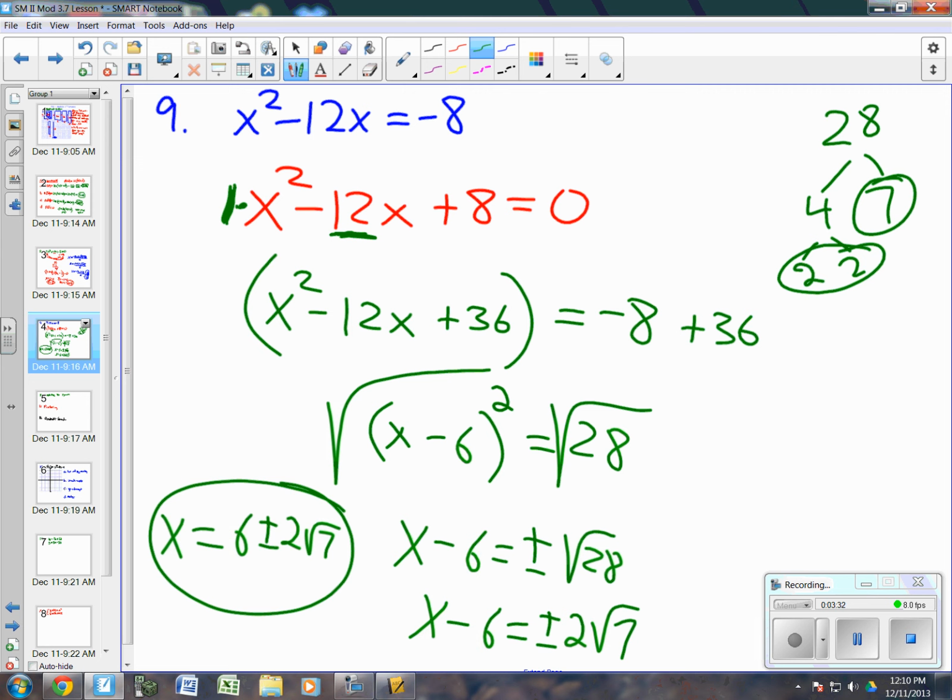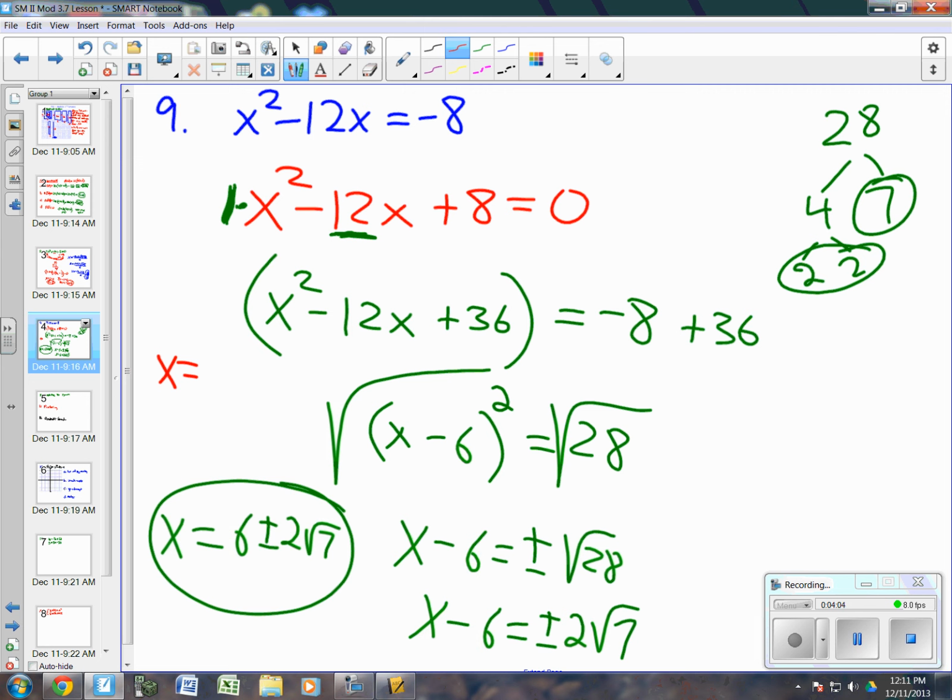Okay? By the way, 6 plus 2 square root 7 is going to be somewhere around 14 or 15, isn't it? Someone go 6 plus 2 times the square root of 7 in your calculator for me. What is it going to be? Roger, you got it? 6 plus 2 root 7? 11?